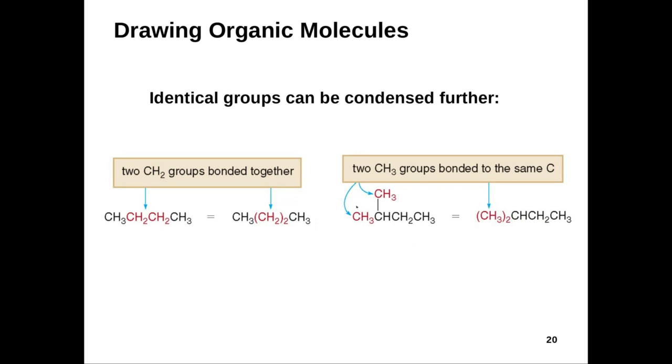Conversely, if we have this structure where we have 2 CH3s bound to this one carbon, we can condense those as well without the vertical line by simply writing CH3 followed by CH. So we know that this CH is in turn bound to 2 of these CH3s. So nothing groundbreaking, but basic ways for drawing organic compounds.